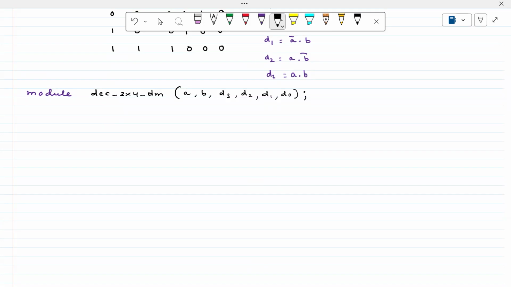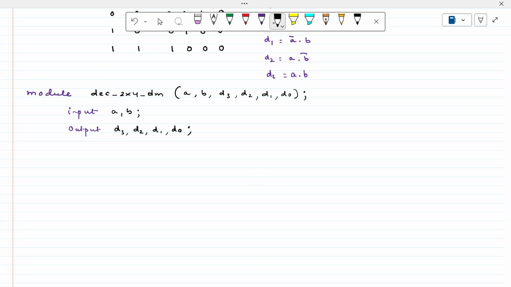Now, what are the inputs out of these variables? Inputs are A comma B. Okay. Next, outputs are D3, D2, D1, and D0.